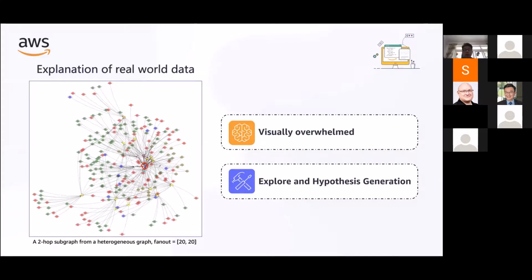So in many cases, the user of the GNN model needs to explore the explainability result and generate hypotheses about why the GNN model predicts some of the nodes or gives some of the result predictions.